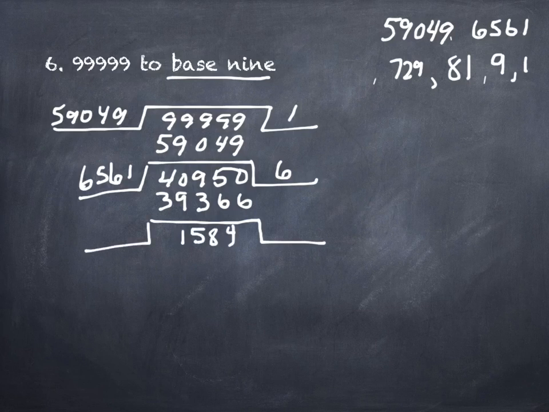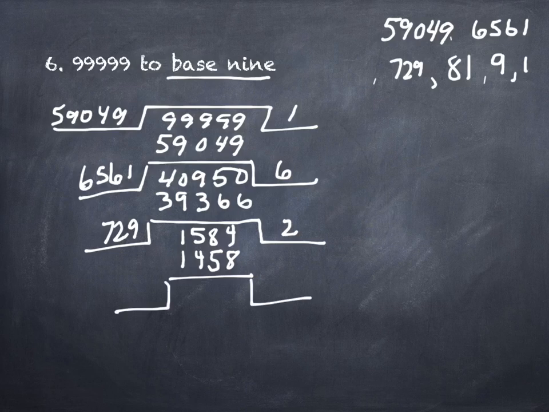The next power of 9 down from that is 729. 729 will go into 1584 2 times. 2 times 729 is 1458. And if you subtract that from 1584, you get 126.